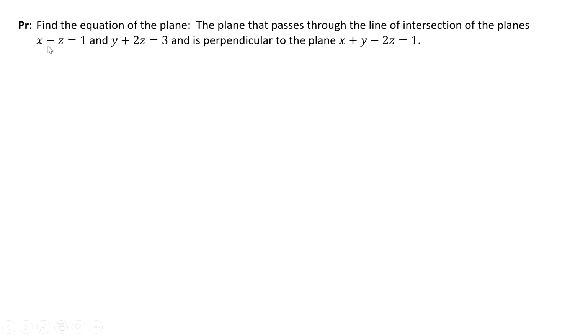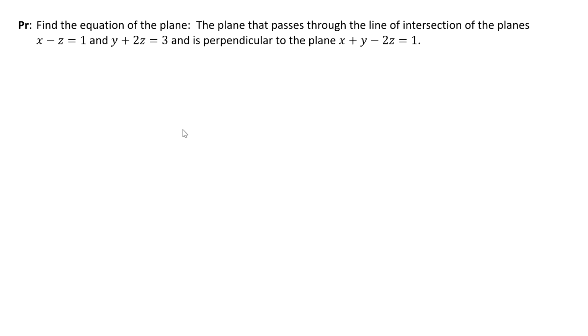First plane is this, second plane is y plus 2z equals 3, and we need to find the line of intersection of those first two planes, and a plane passes through the line of intersection of these two, and in addition, our plane, the fourth plane, is perpendicular to this third plane, right?